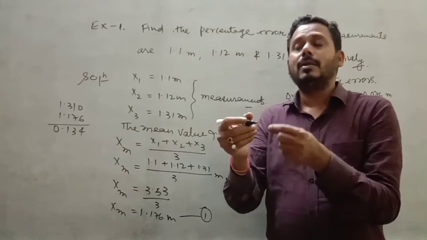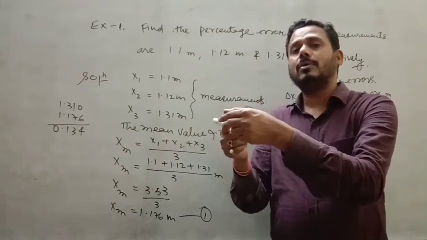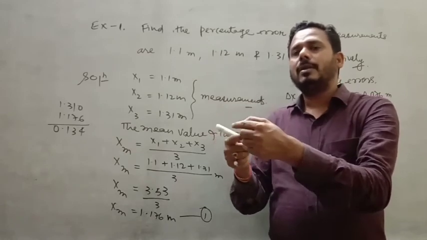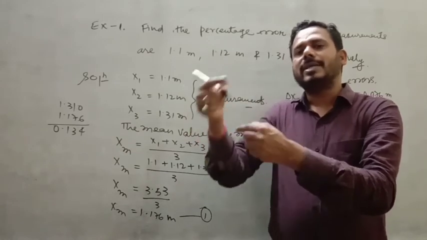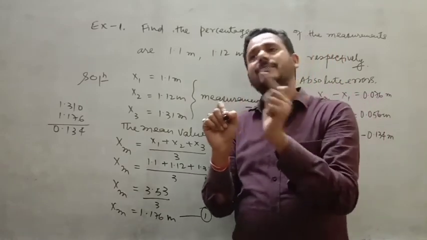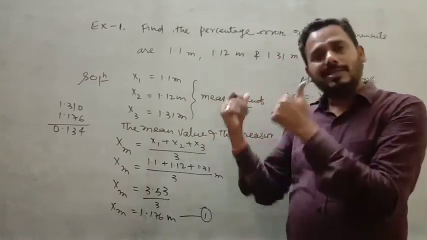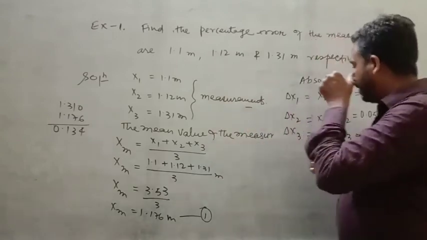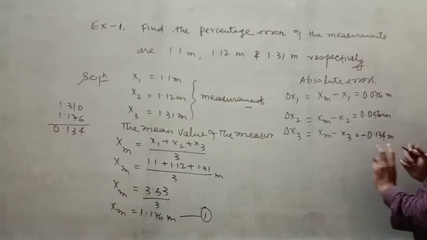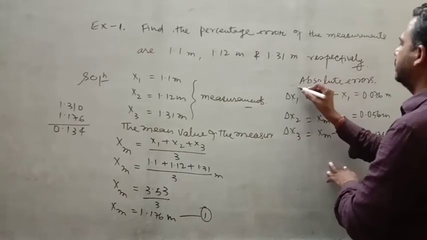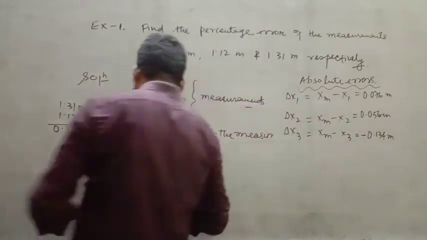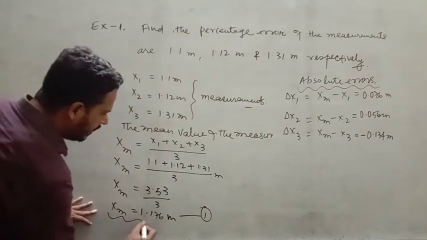But the third time you measure, it does not come out exactly 1 meter, it becomes 99 centimeter. That means there is a negative sign. So the negative sign represents this only. So this one is minus 0.134 meter. So you got your absolute errors, and this is your mean value. You need it actually.